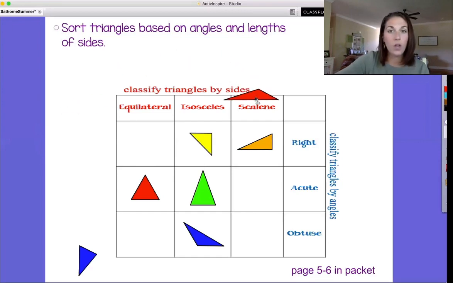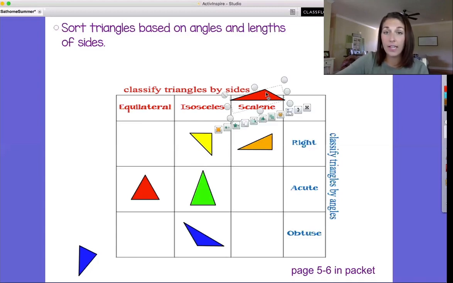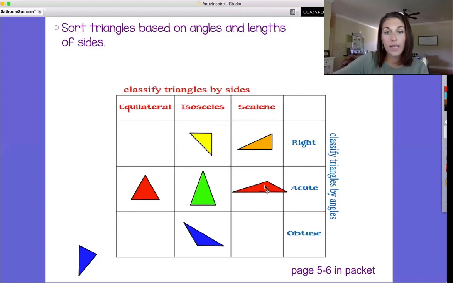So when I have no equal lengths, it's going to fit into the scalene category. And then when I look at the angles, I see acute here and I see acute here, but this one I see is bigger than 90 degrees. So I would classify that as obtuse. So when I place that into my obtuse category, it would be scalene and obtuse.